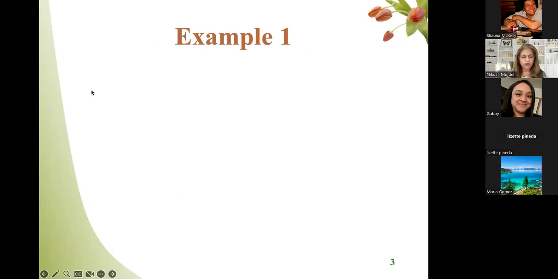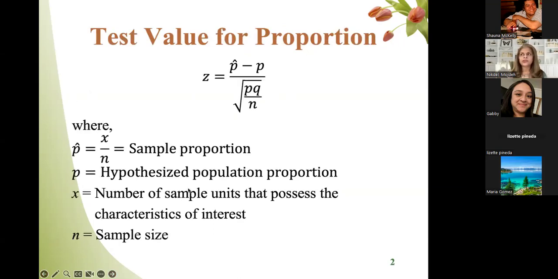Before I go to this example, the steps are the same as before. The first step, you give me the null hypothesis, H0, then the alternative hypothesis, then tell me which one is the claim. By the way, the claim can be the null, H0, sometimes it is H1.